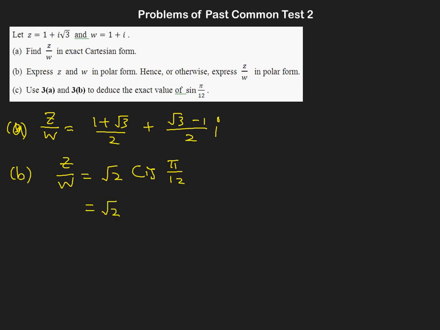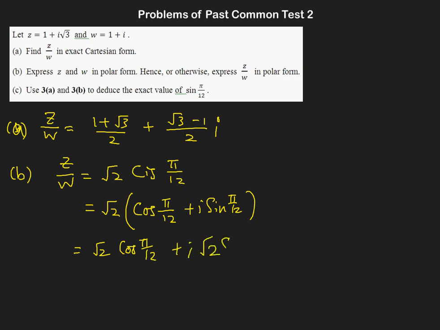We can express this as follows: cos pi over 12 plus i sine pi over 12, and let's expand this. This is root 2 cosine pi over 12. Not really interested in this. We're interested in this, root 2 sine pi over 12. If you compare this one and this one, here's your i.